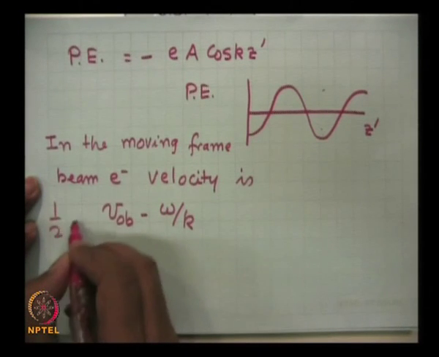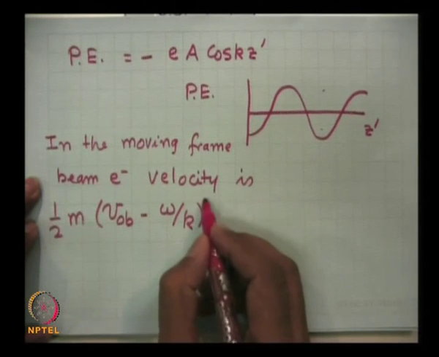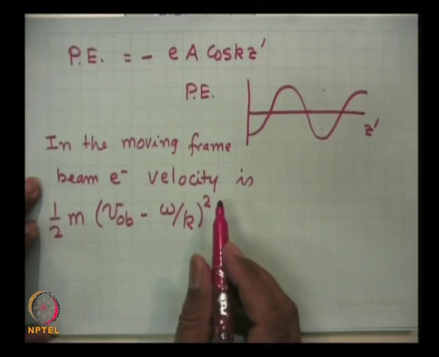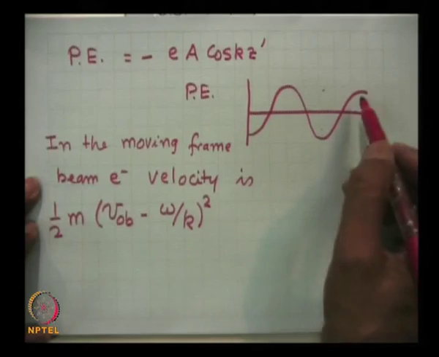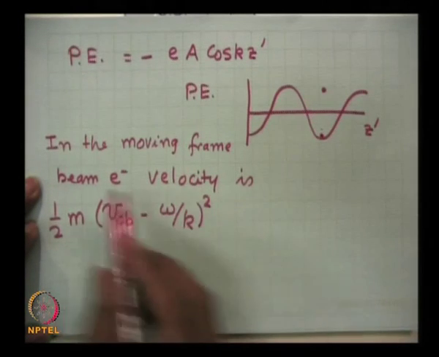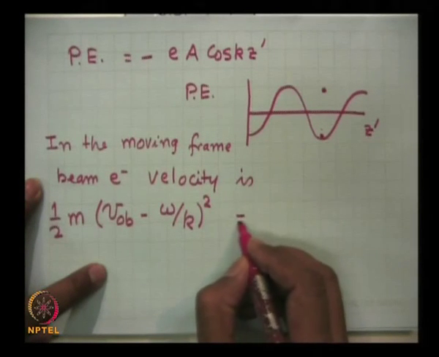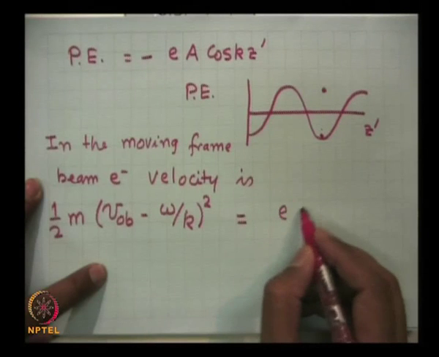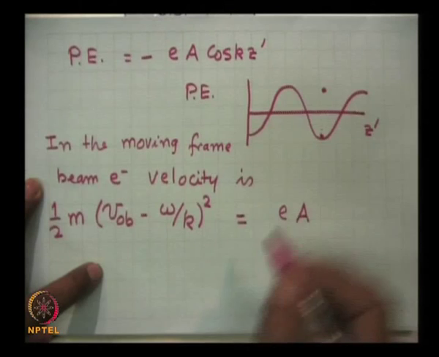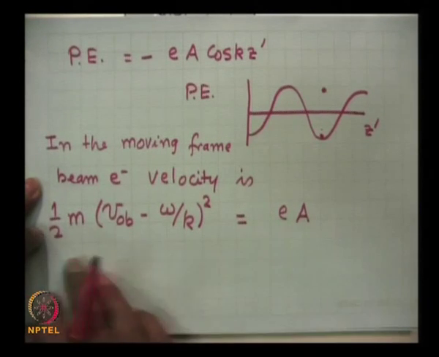This is half m and this quantity is square. So this is the kinetic energy of the electron in the moving frame. Whenever the difference in potential energy from here to here becomes of this order, the electron will be totally trapped. So the condition for trapping is when this becomes of the order of EA, maybe you can put 2 EA from bottom to top typically.